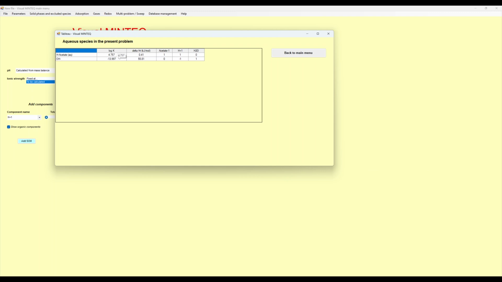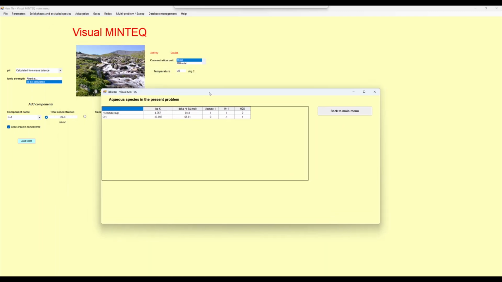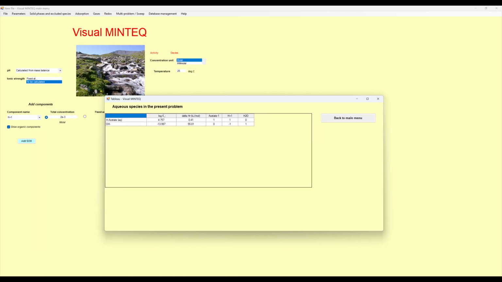So this software, based on the database that was defined, is already giving us the delta H of the reaction that we can directly adapt in order to calculate K value for different temperatures. But if you're defining the temperature in the software, like here, this K value will be automatically updated, so no worry about that. But this is good information that you can get from the software for a given reaction.